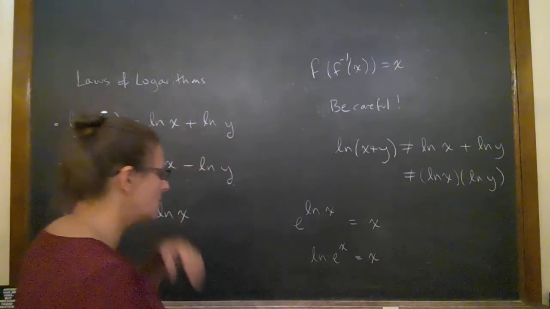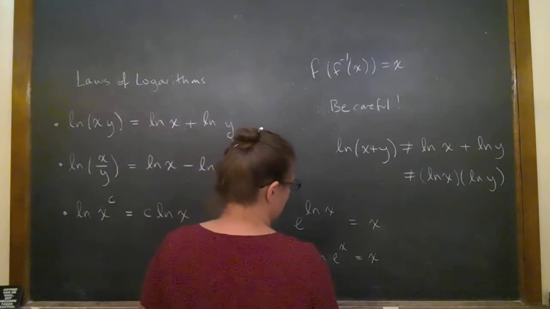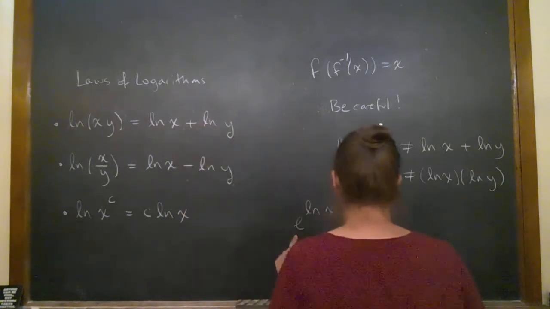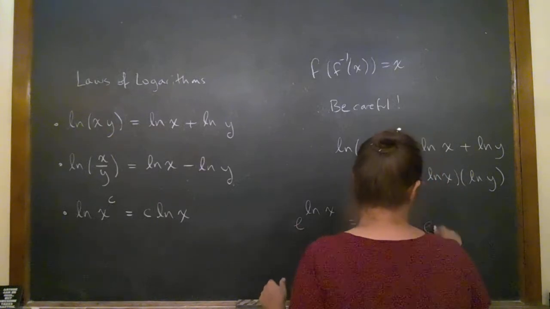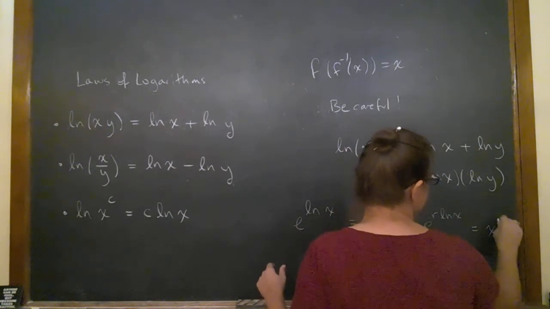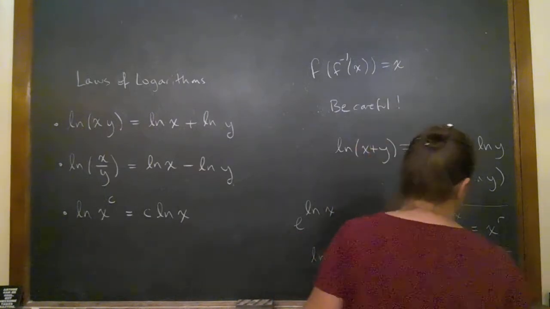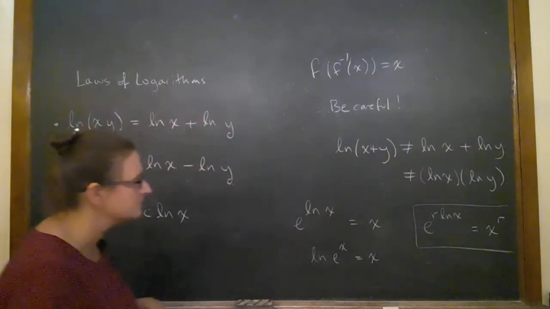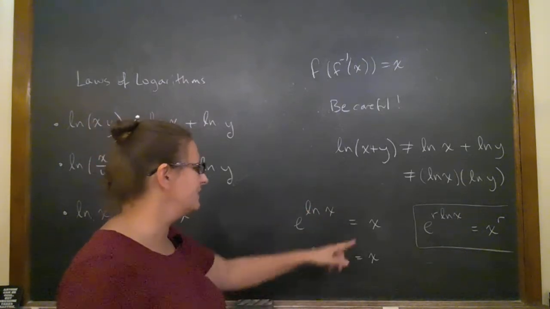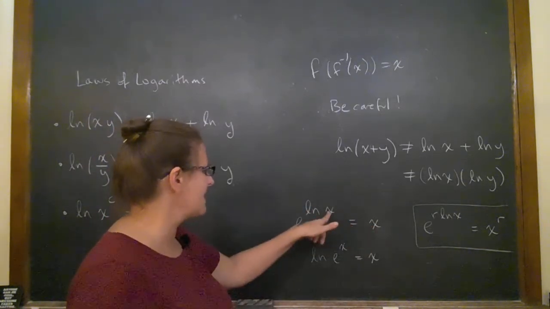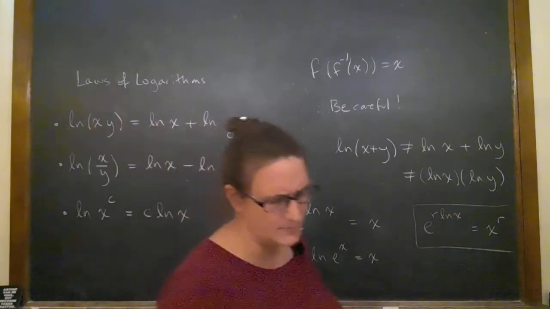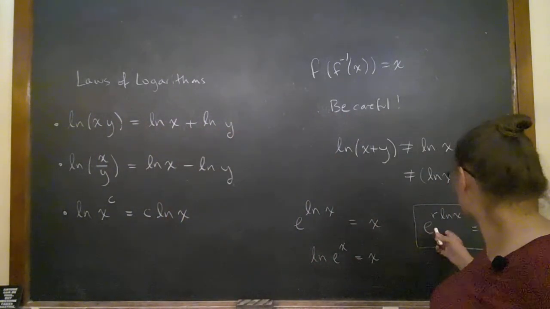You can also put both sides of this to the r. We'll use that sometimes. Basically, if I put both sides to the r, or if I get confused, I can also just do natural log of x to the r here, and then the r comes down here. There are all different ways you can do it, and that's sometimes helpful.